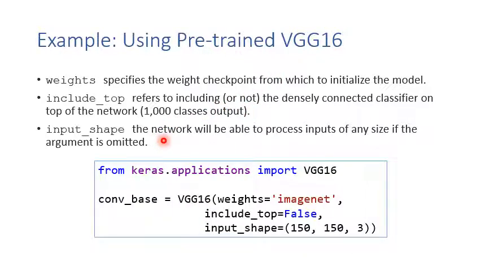And then we can assign the input shape, or the network is able to process input of any size. Here we set the size of the images in the cats and dogs dataset. We will use the pre-trained VGG16 model to classify cats and dogs images.